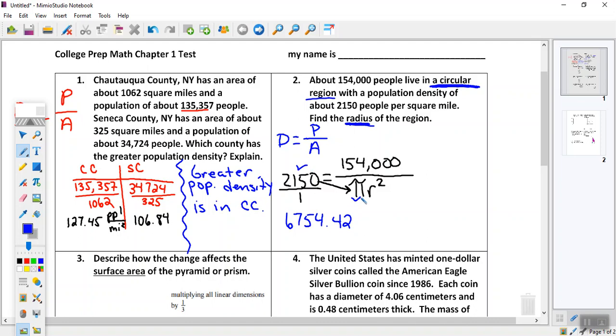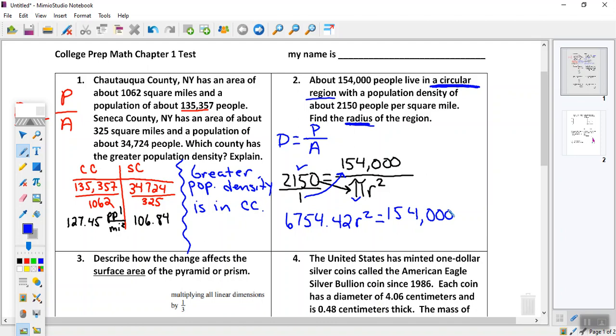What do I need to put behind this value, kids? R squared. Oh boy, help me guys, it's Monday. 1 times 154,000 for that cross product. Yep. Guys, you get this far right here, it's pretty much a 2-step equation. So what's your next step in solving?